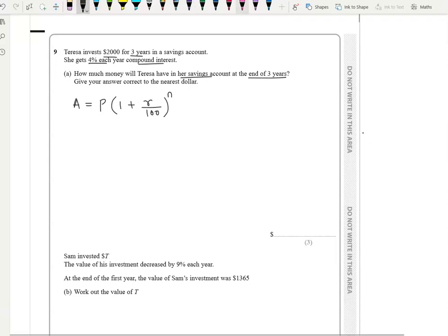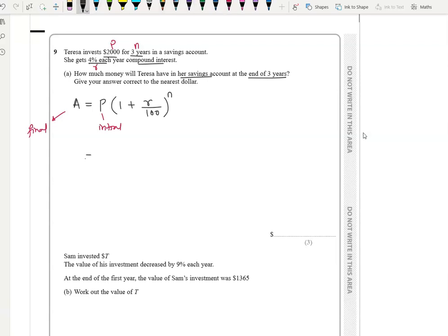Now A is your final amount or final price, and P is your initial. If it is increasing, you will use the plus sign. If it is decreasing, in case of depreciation, we use subtraction. So you invested 2,000 for 3 years at a rate of 4%. Just substitute and we can get the answer.